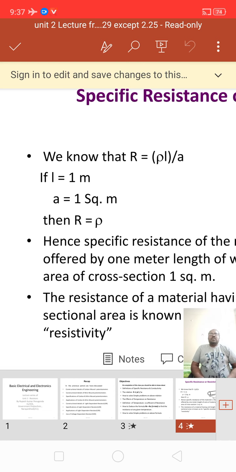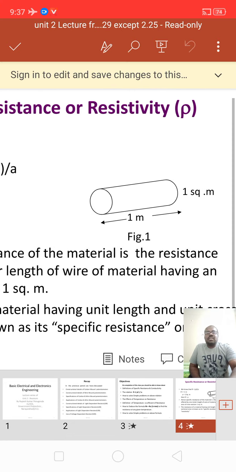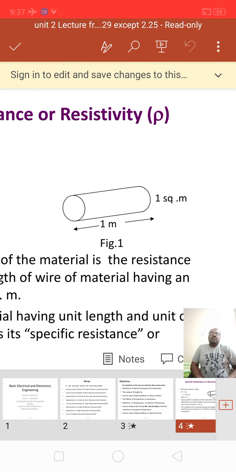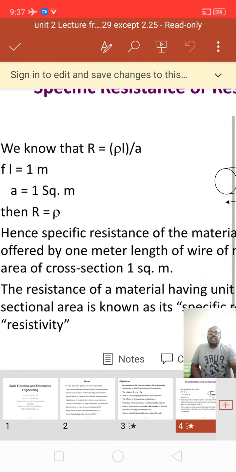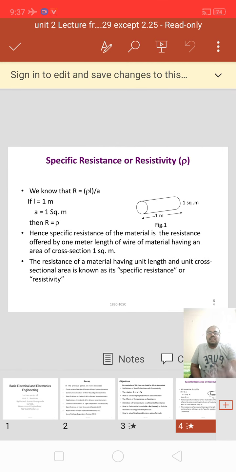That is, resistance is equal to the specific resistance. It can be shown in the figure. Hence the specific resistance of any material is the resistance offered by 1 meter length of wire of material having an area of cross section 1 square meter.